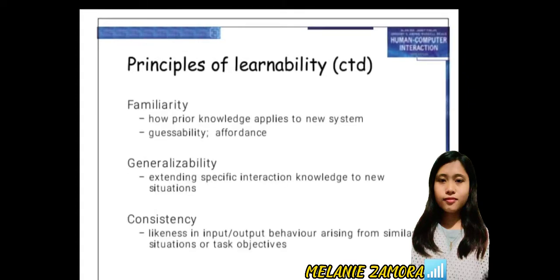And we have also familiarity: how prior knowledge applies to a new system. And guessability and affordance. Generalizability: extending specific interaction knowledge to new situations. Next is consistency: likeness in input and output behavior arising from similar situations or task objectives.